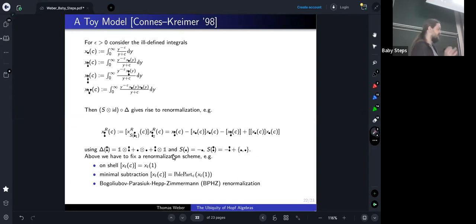If you have one that is suited for your model, then the Hopf algebra of rooted trees just tells you how to apply it and in which way. And you can see, so this is really those brackets here. And you see they're always on the left side, and you have to apply them in this way: antipode, coproduct, multiplication. Okay, so this formula using this square bracket gives you a general form, and then those brackets mean different things depending on the renormalization scheme. Yes? Absolutely. Okay. Thank you.